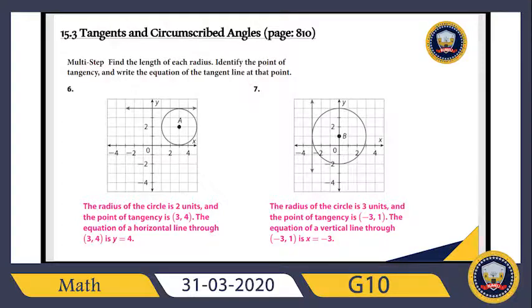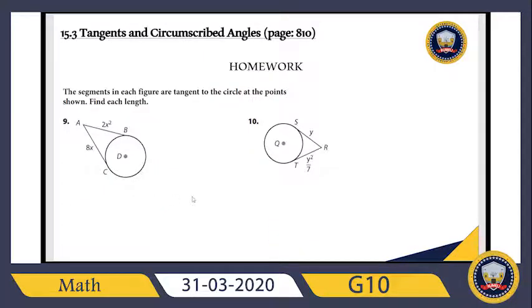All right. Now, finally, we have a little homework here. The segments in each figure are tangent to the circle at the points shown. So AB is tangent to the circle D at the point B. AC is tangent to the circle D at the point C. In example 10, SR is tangent to my circle at the point S. RT also is tangent to my circle at the point T. The length AB is 2x squared.